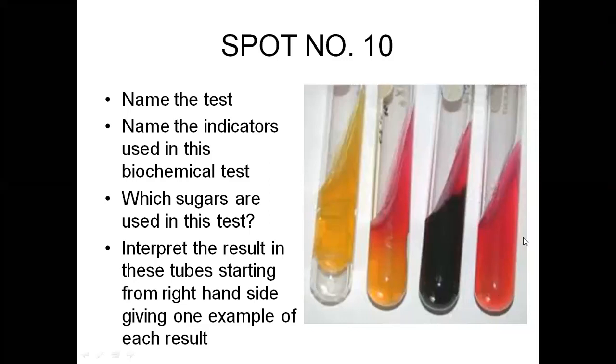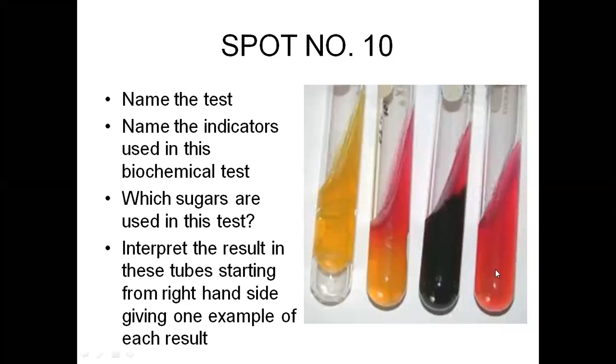Number one is that there is no fermentation of any of the sugars. The environment is going to stay alkaline, so the phenol red is going to turn pink. So the number one result is that it is going to turn pink.